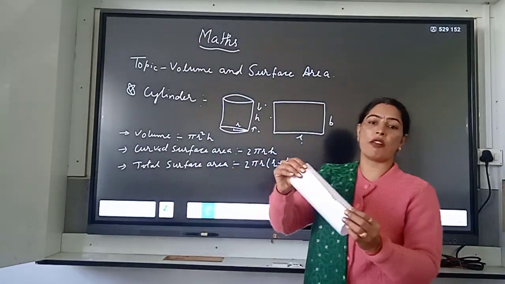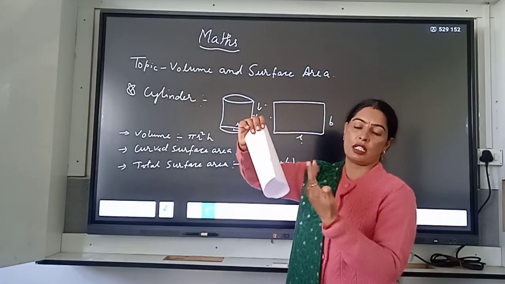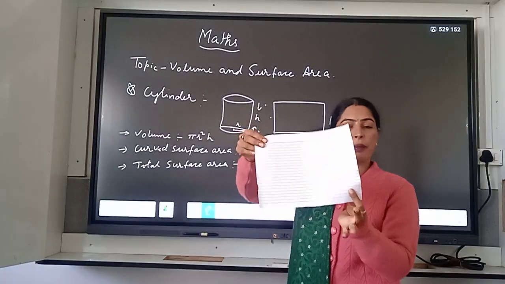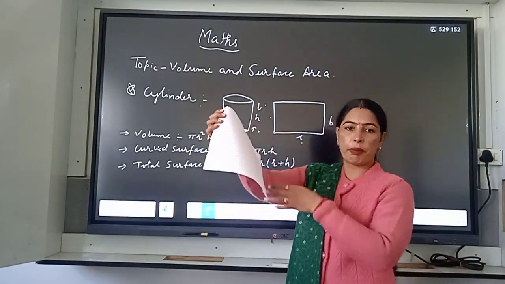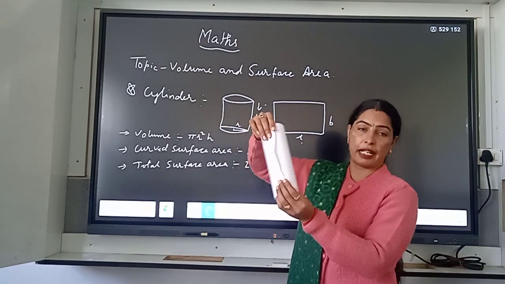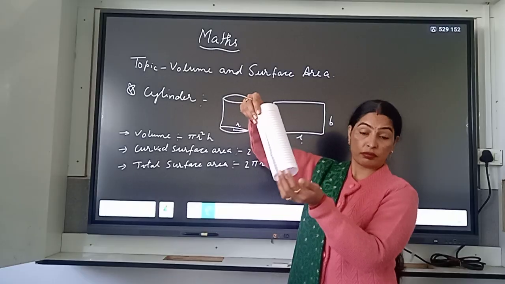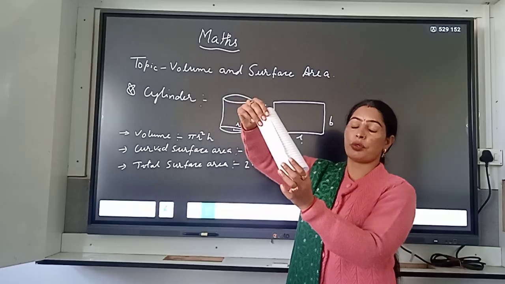If we talk about covered surface, that means the round area. Covered surface area means the area of this paper, and what will the area of this paper be? Length multiplied by breadth. But if we fold it, what kind of shape is it? Cylinder, and this will be the circumference and this is the height of the cylinder.